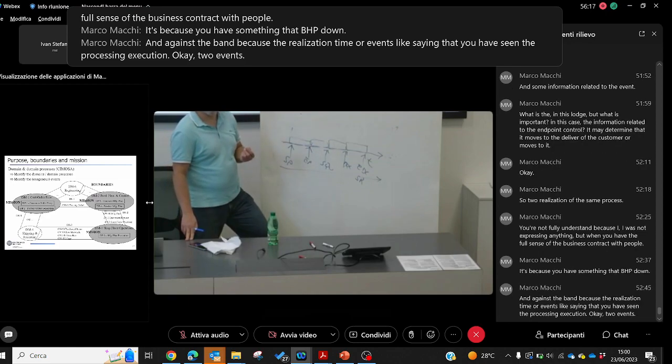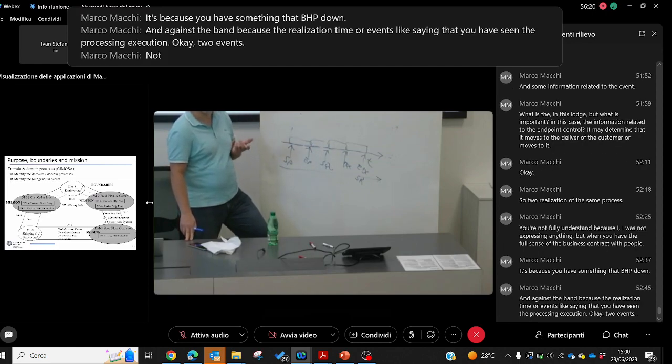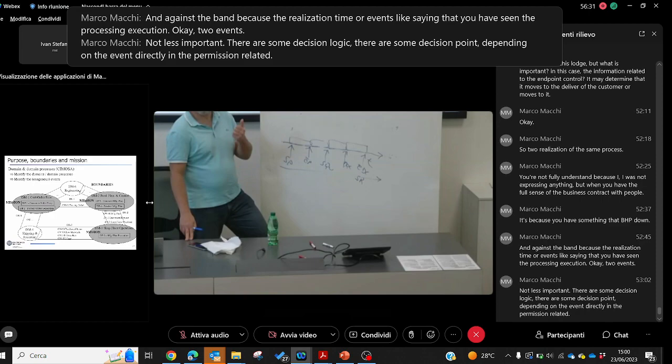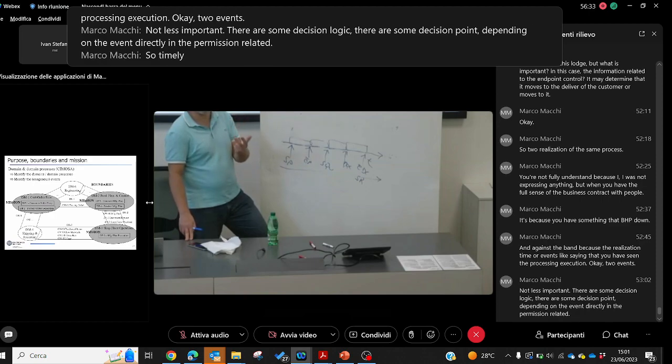Third, but not less important, there are some decision logic. There are some decision points depending on the events that are happening and the information related. So, timing, sequencing, and decision logic.